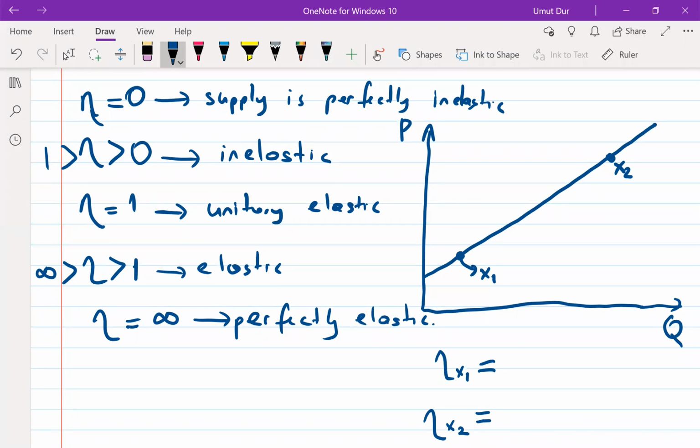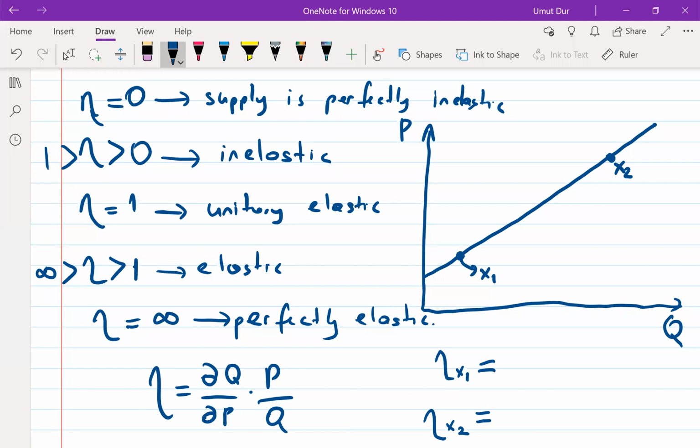No. No, why are they not the same? Okay, so let's remember what the supply elasticity is. It is dq over dp times, sorry, p over q, right?